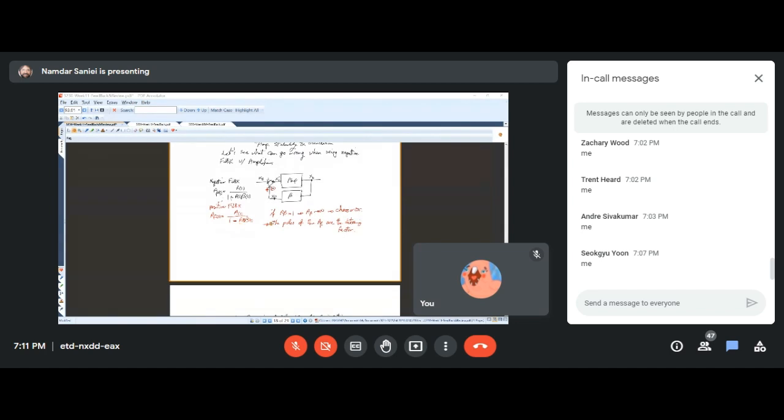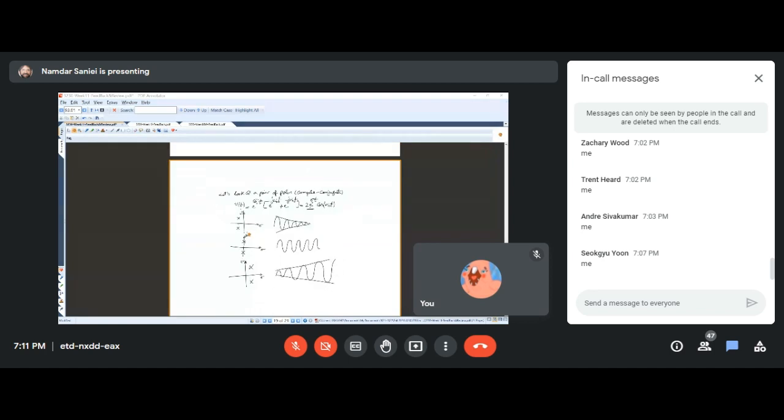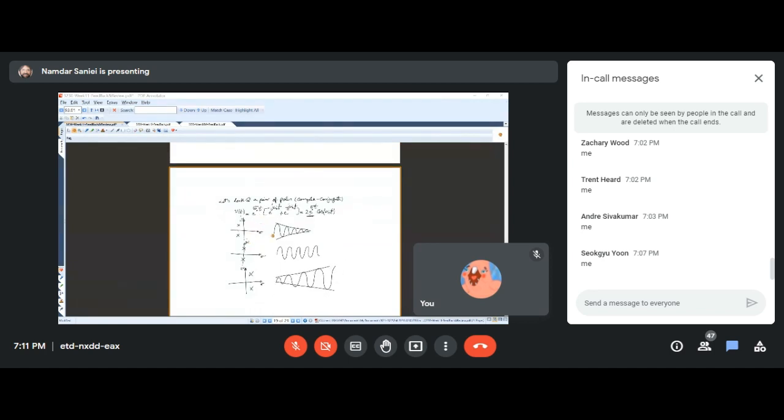Now, most of the systems have 2 poles. And if you remember, poles are the points or the values for which this denominator can go to 0. Okay, they were called poles. And if you have 2 poles, we have 3 possible responses of the circuit.